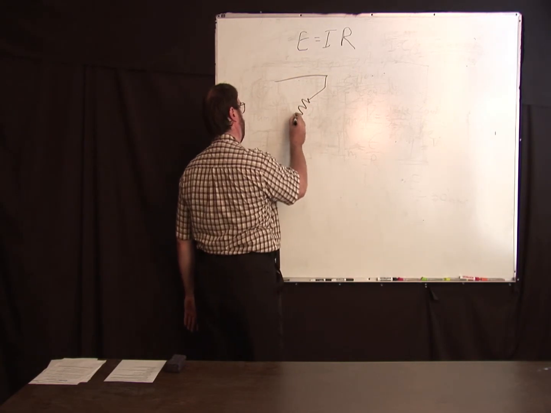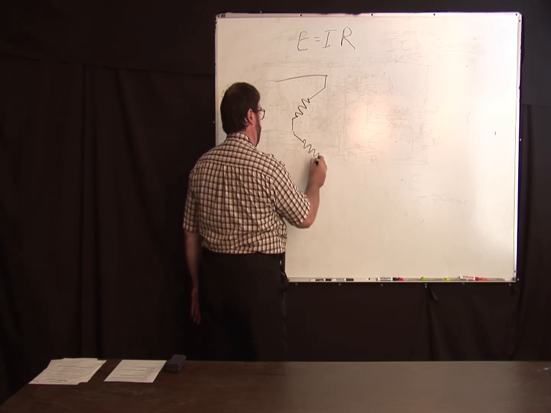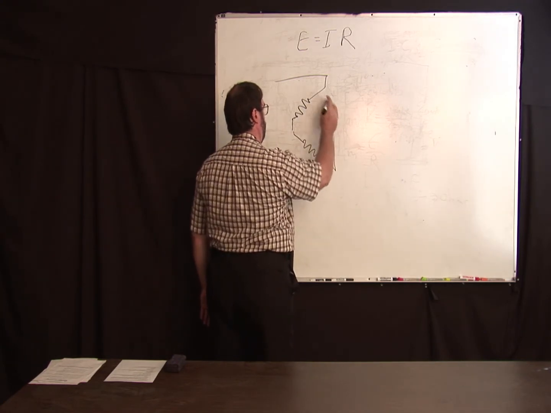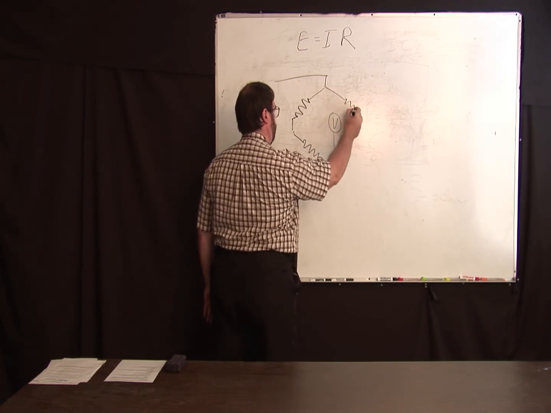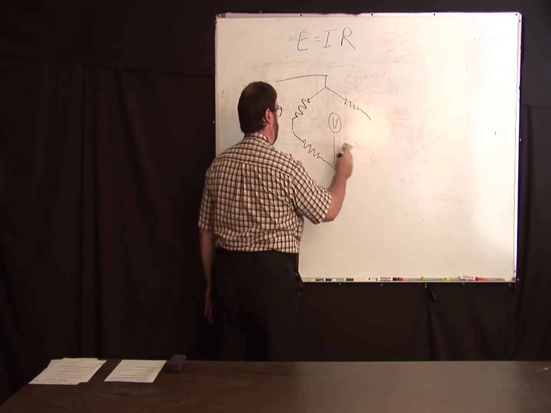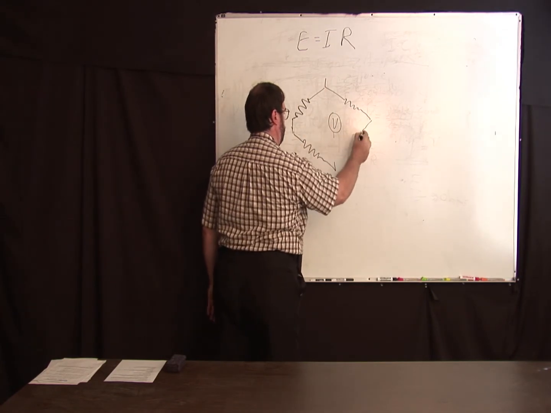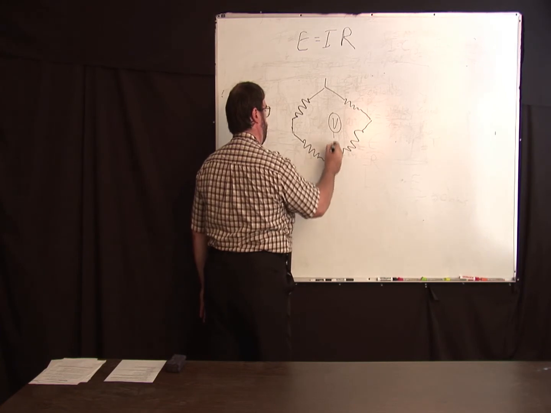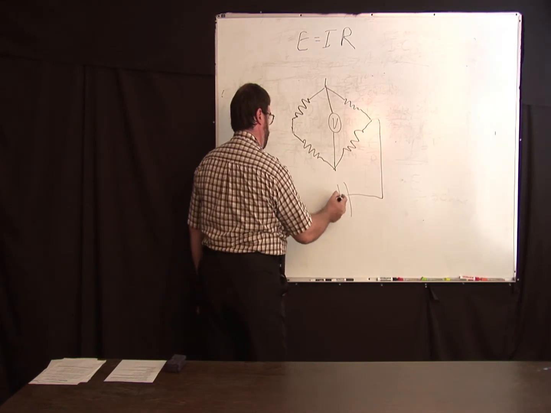You have resistors in each arm, and you have some sort of voltmeter here. Oops, drawing this wrong. And then you have some sort of voltage source here.